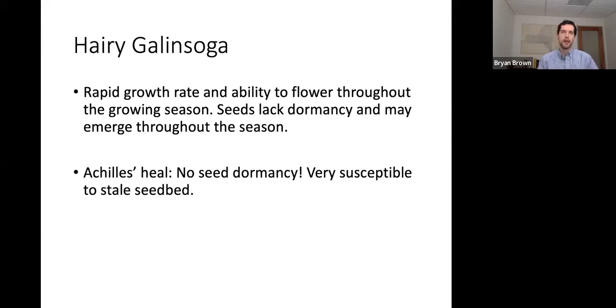So trying to prepare your ground for planting, tillage, level soil, maybe even irrigating or waiting for a nice rain before you plant or after you plant it, or different times during the season. Whenever it fits in, Galinsoga will be emerging because it has no dormancy. And anytime you can get it to emerge, then you can come through and till or spray to basically remove those seeds from your soil.